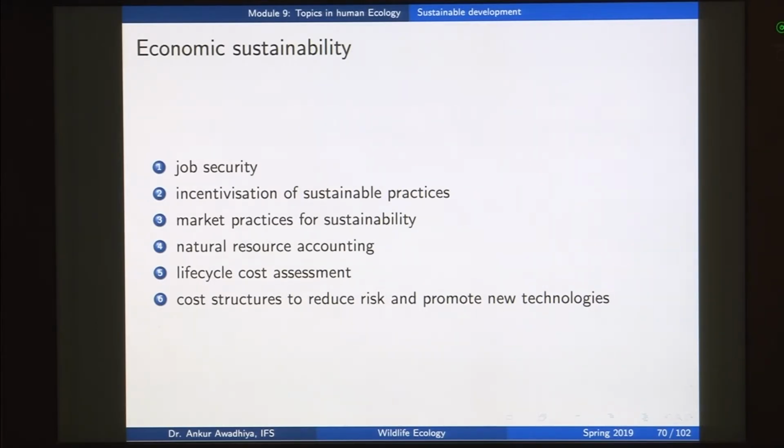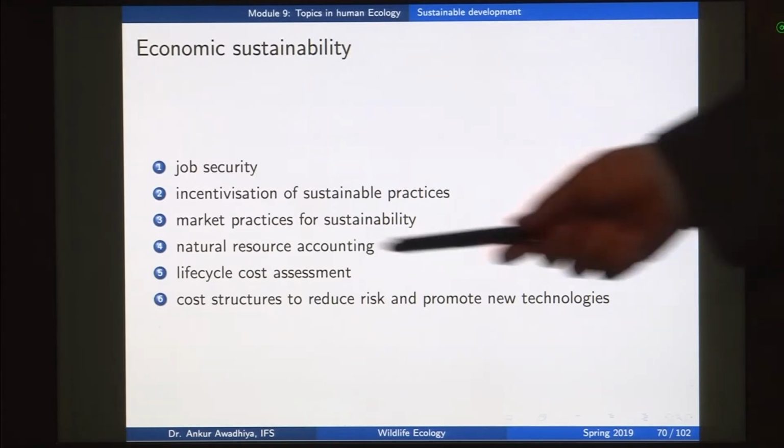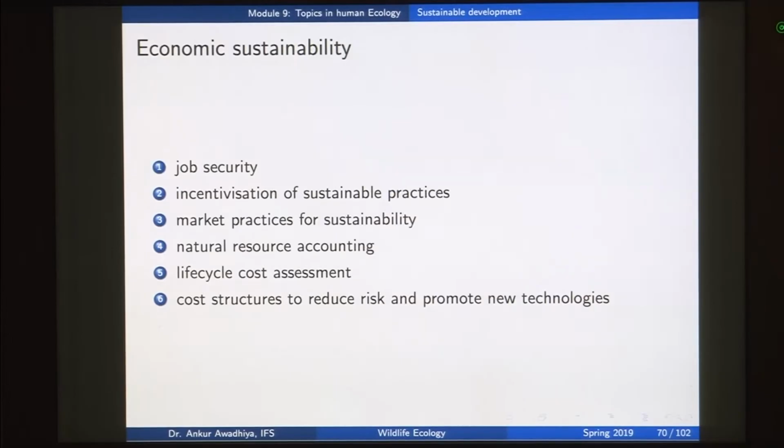When we are doing an accounting of resources, every company does an accounting, but is that accounting only limited to the profit and loss, or the amount of money that the company is getting? Is it only confined to the cash flows of the company, or does it also take into account the amount of natural resources that are being used by the company? If there is a mechanism by which we can make this compulsory, then we are talking about economic sustainability.